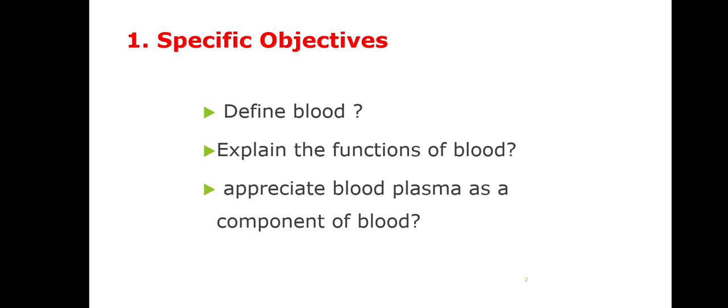On the blood plasma, specifically, this is what we're going to venture into and describe in more detail. However, we also have the other component, which is formed elements, and we are not going to focus on that one entirely. So these are going to be our three major objectives in this session. So let's get started.